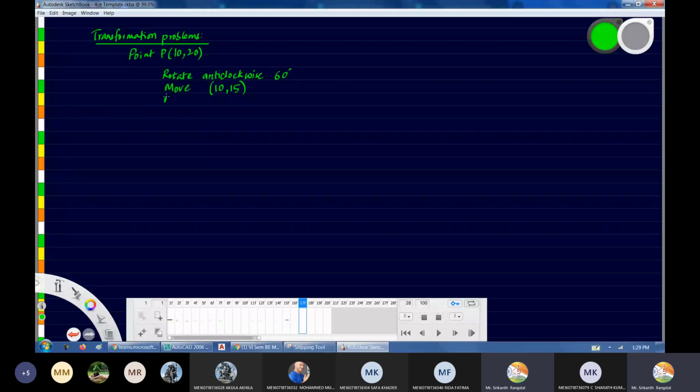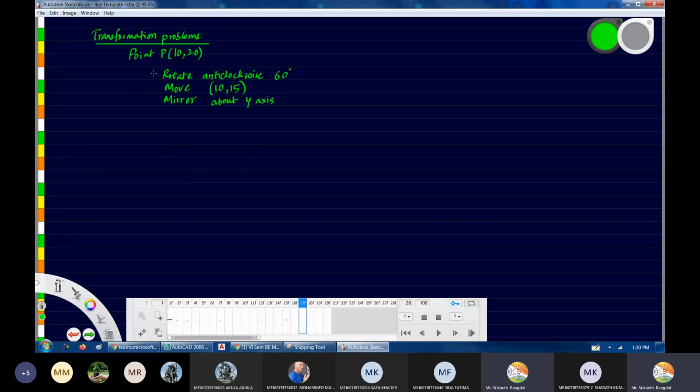This is how we have to move it. And then let us say we have to mirror it about the y-axis. What else? Let us scale it next. Or else, I think the problem is difficult enough right now.